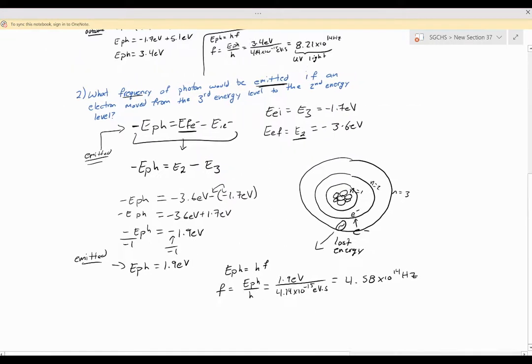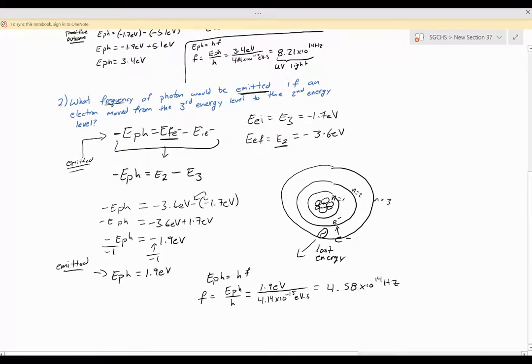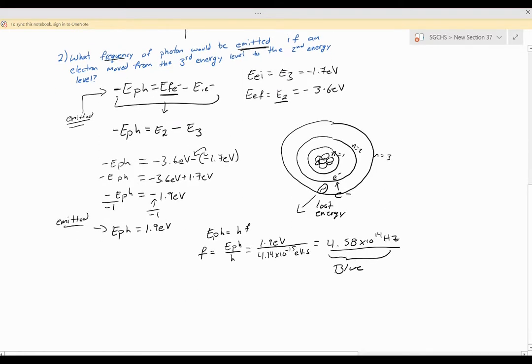Okay, so in this case, we have a lower frequency than our original one, which makes sense because we didn't jump as big of a jump in this case. Since we have a lower frequency, it'll be a less dangerous EMR, and this actually falls in the blue area. So this would be forming an emission spectrum. We would see blue light occurring in our emission spectrum.